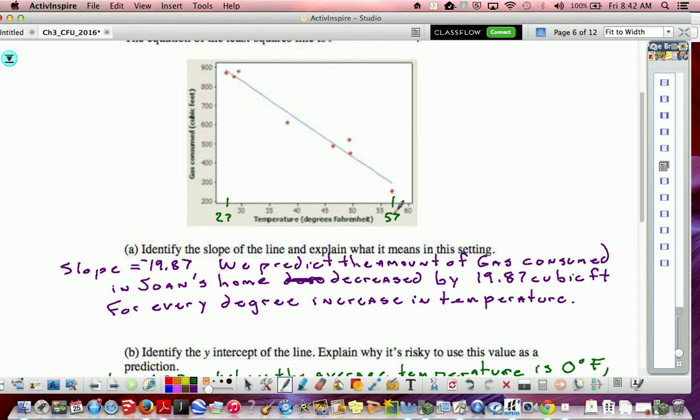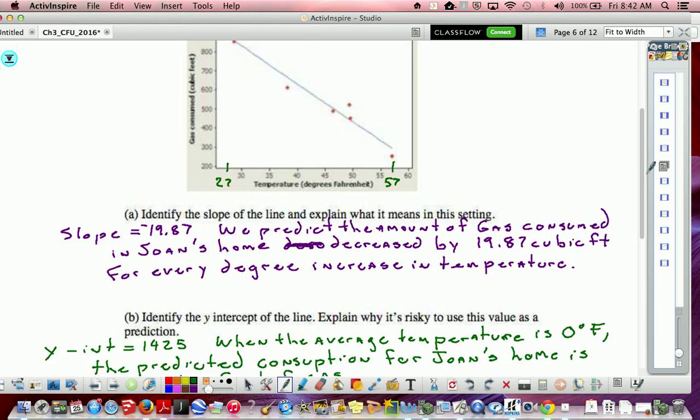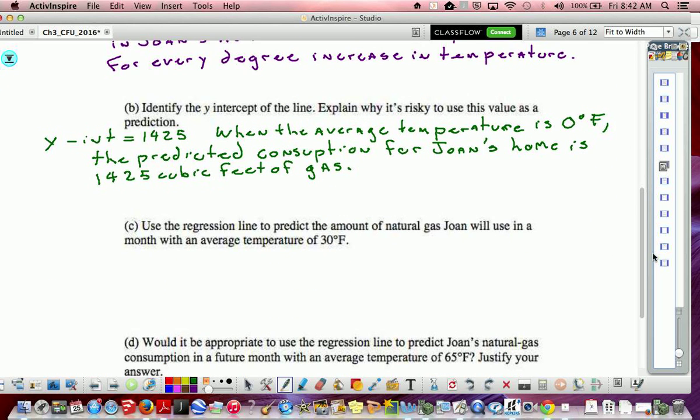So really we should only use this line to predict how much she uses between those values. So since 0 falls outside, we are doing what's called extrapolating. So we'll just note here that this is a form of extrapolation.